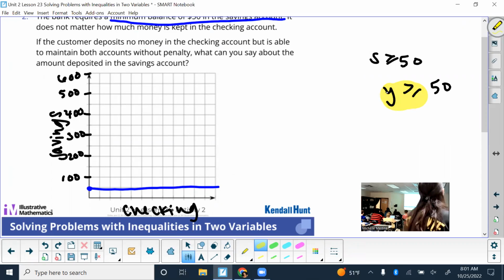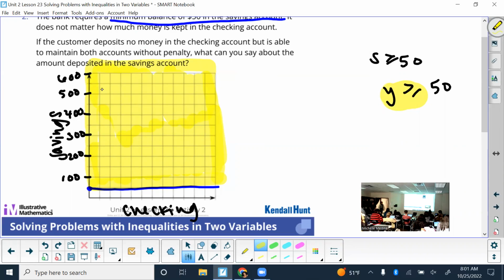So shaded above or below? Above. All right, I didn't hear you. All right, but anywhere above where y is 50 is included because all she needs to have is a minimum balance of 50 in her savings account.